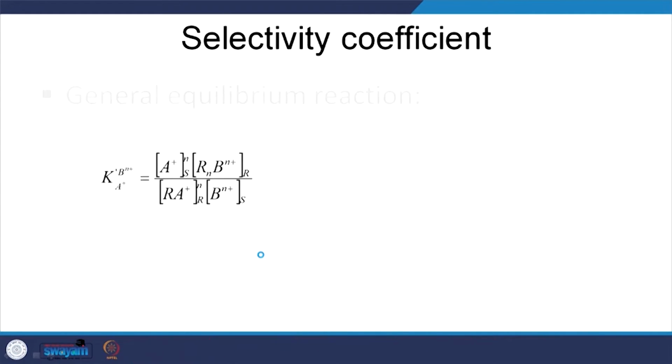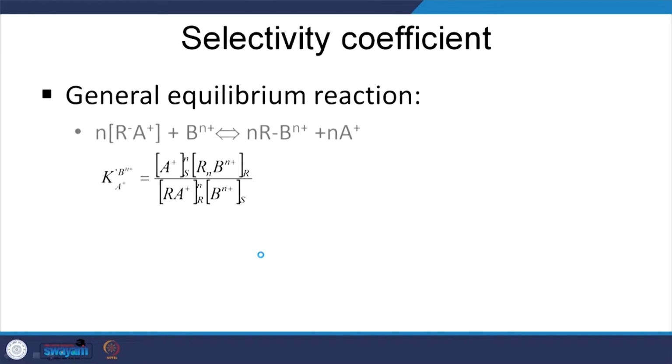Again, as we mentioned, you can represent it as a reaction. Here we have the resin, and this is the ion in the water, and now A plus is being exchanged with Bn plus. You can write it in terms of the equilibrium constant: the products in the numerator and the reactants in the denominator.